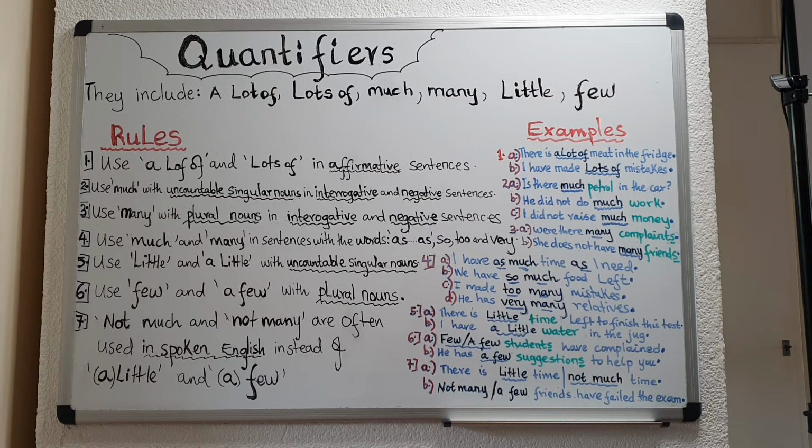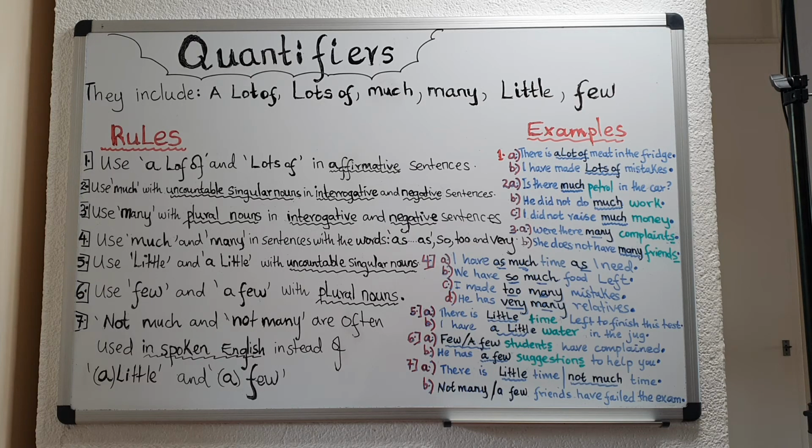In the next sentence, 4c, I made too many mistakes. In that sentence, we have the word too. Okay? And that's where we're using the quantifier many. And in the last example, he has very many relatives. Okay, so in that case, because we have the word very, we are using the quantifier many.